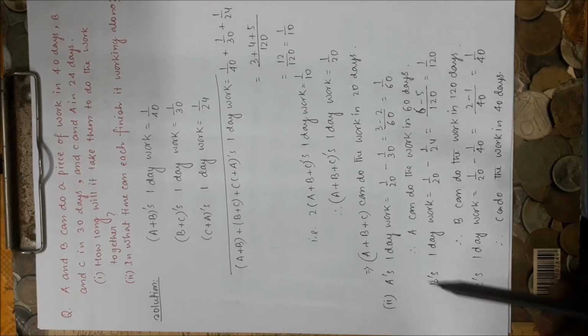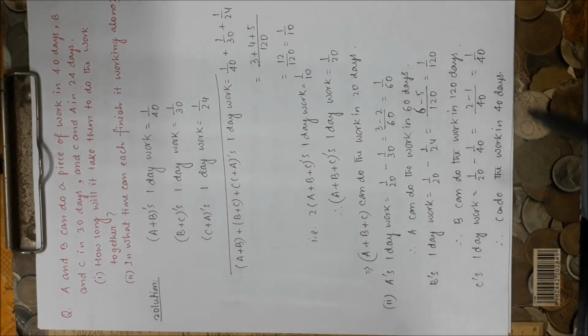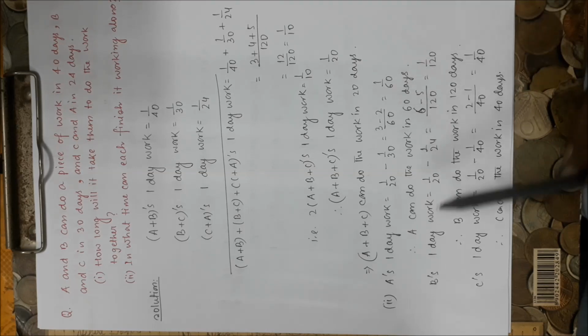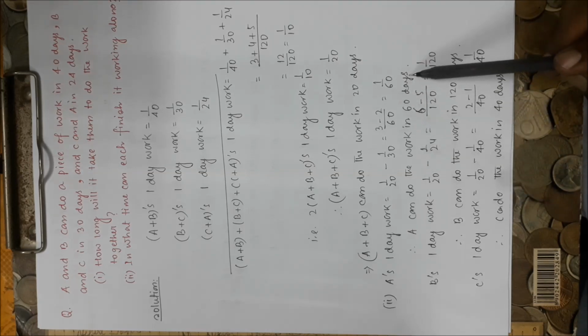So from the work of A, B, C, if you subtract the work of B and C, you will get the work of A. So in 1 day, A completes 1 by 60 part of the work. So A can do the work in 60 days.